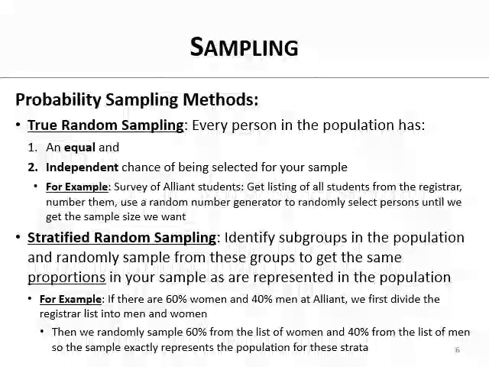That would ensure that you have the same sex representation in your sample as is in the population. So that's called stratified random sampling. The important point here is you divide it and you randomly select folks from the men and the women.